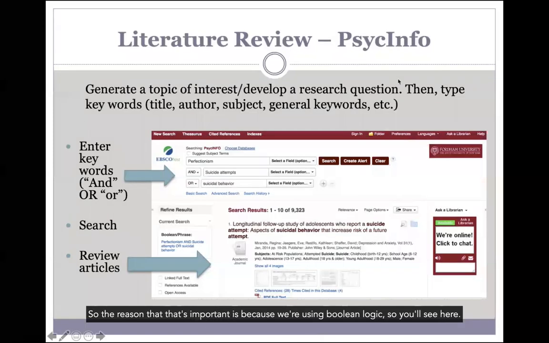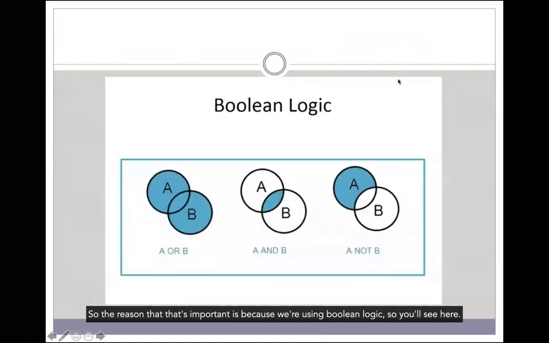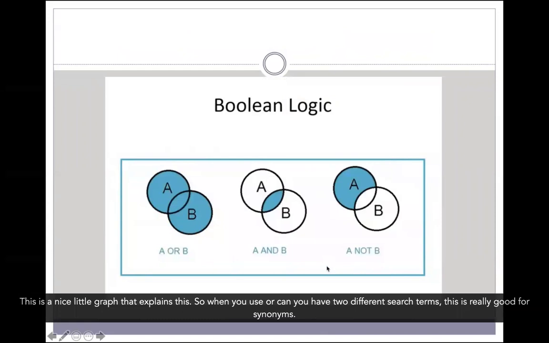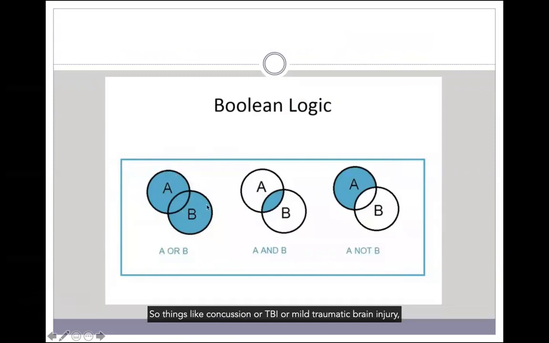So the reason that that's important is because we're using Boolean logic. You'll see here, this is a nice little graph that explains this. When you use or, and you have two different search terms, this is really good for synonyms, so things like concussion or MTBI or mild traumatic brain injury, where you want any article that mentions any of the three.